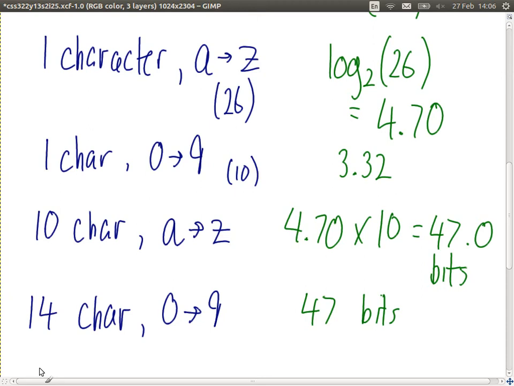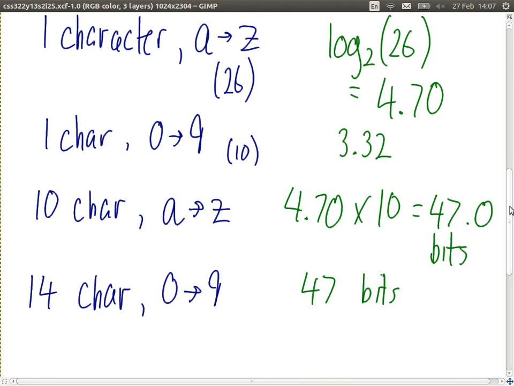This password scheme, forcing the user to choose 10 letters, has the same entropy as this second password scheme that forces the user to choose 14 numbers. And the entropy is 47. So the entropy is the number of bits needed to represent it. One more before we come to your password schemes.